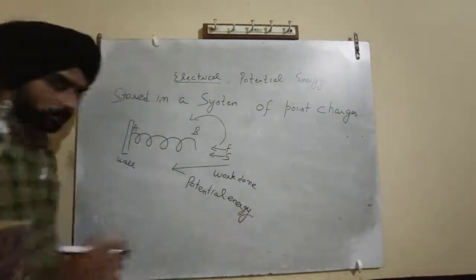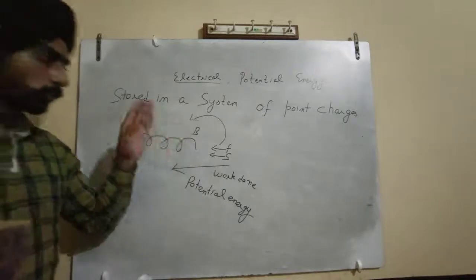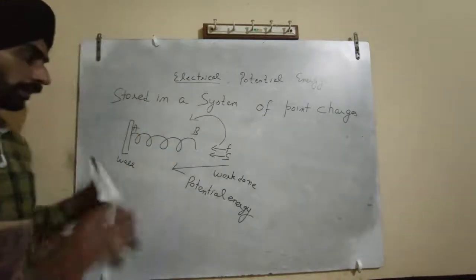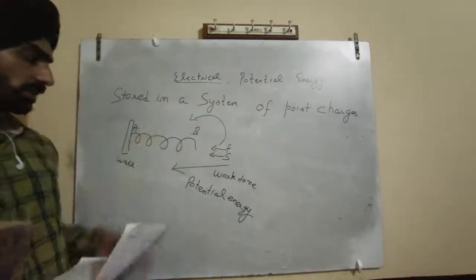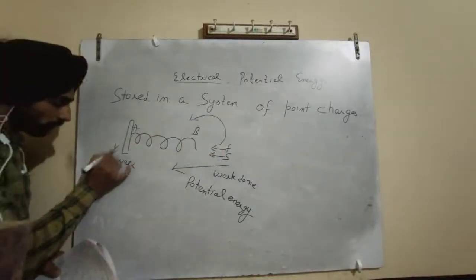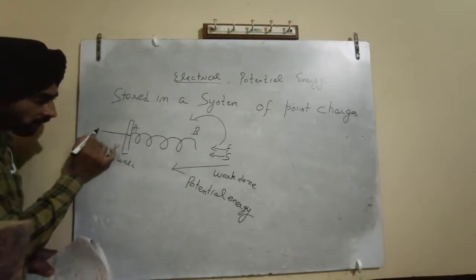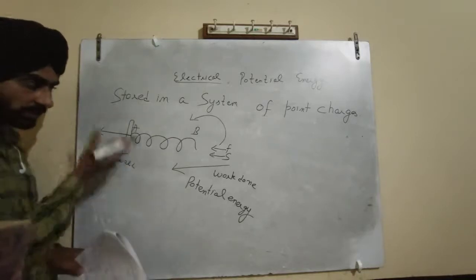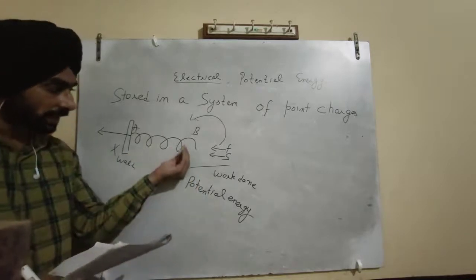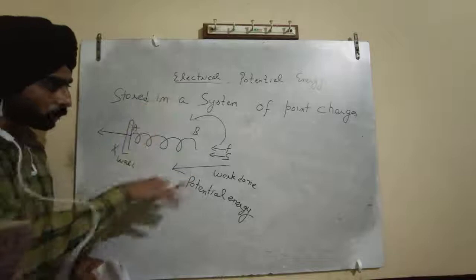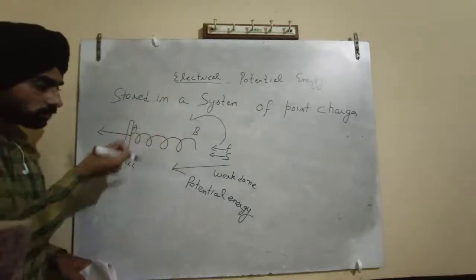So look at the picture. Is the potential energy going to be stored in B or in A? A and B together make a system. So if you break the wall, A will start traveling in this direction, because the potential energy has been stored in the system, and A is also a part of the system.